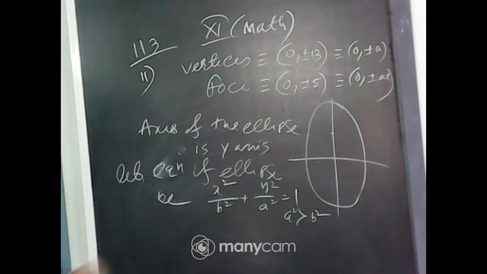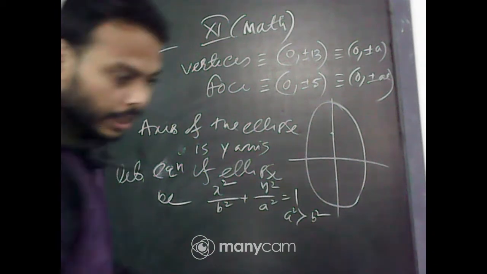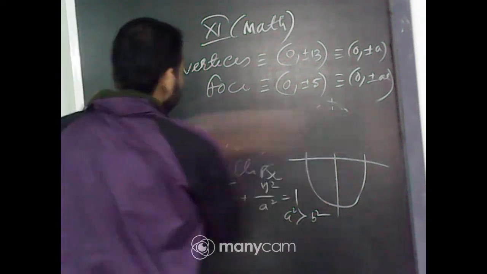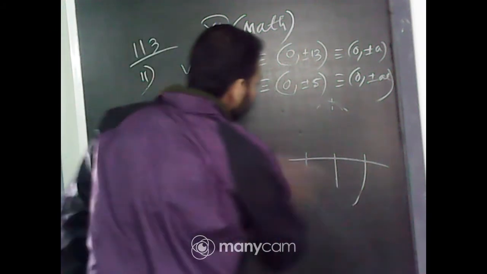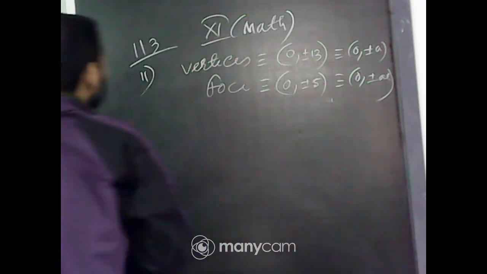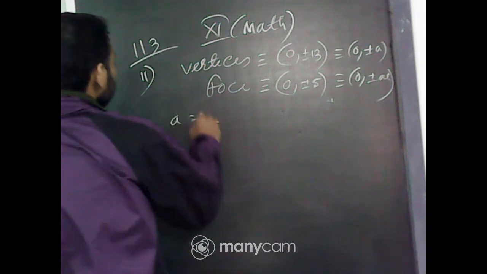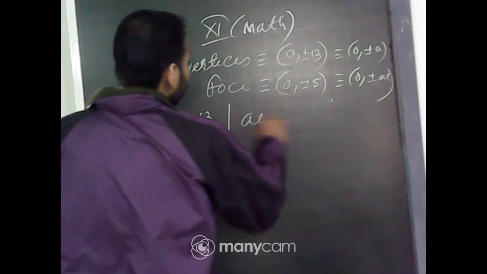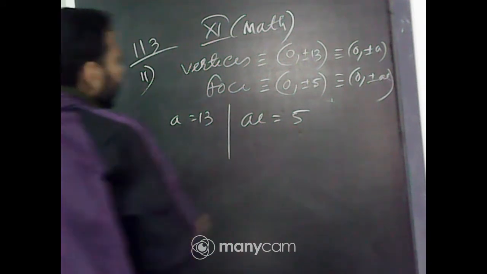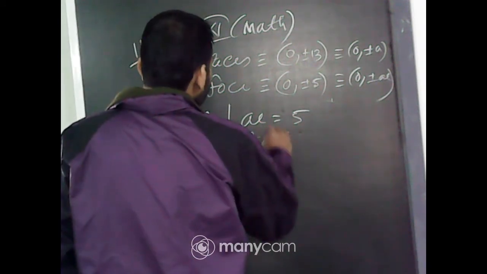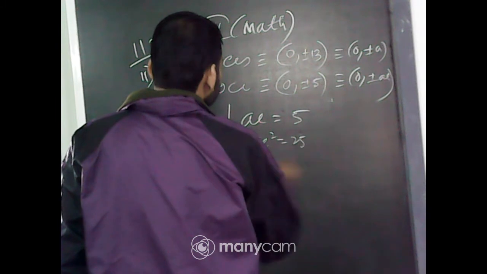So, a equals to 13 and ae equals to 5. So, a square e square equals to 25.